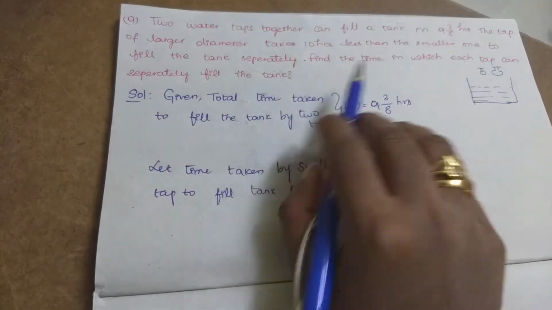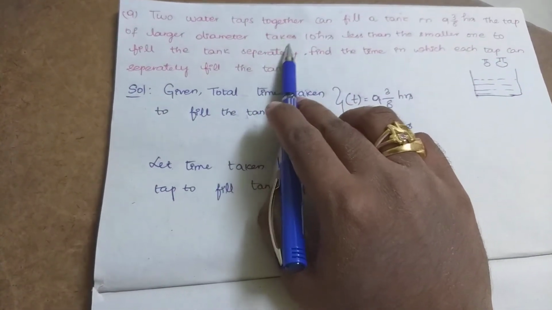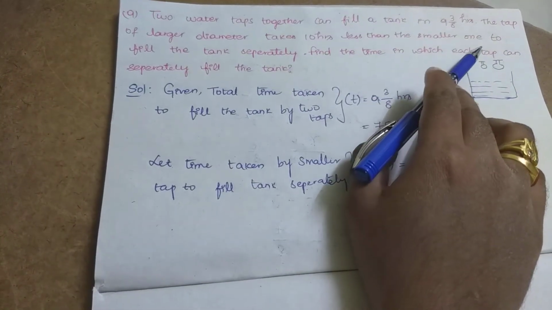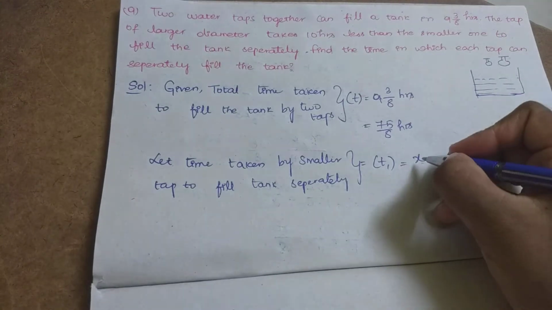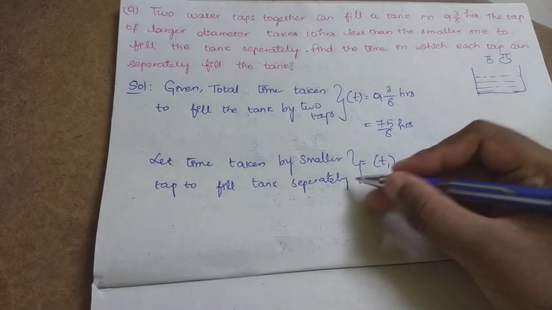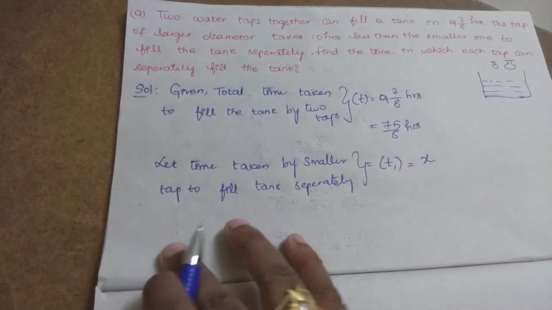Because the time taken by the larger diameter tap is compared with the time taken by the smaller diameter tap. So let the time taken by the smaller tap be X. Depending upon this, we will come to know the time taken by the larger tap.